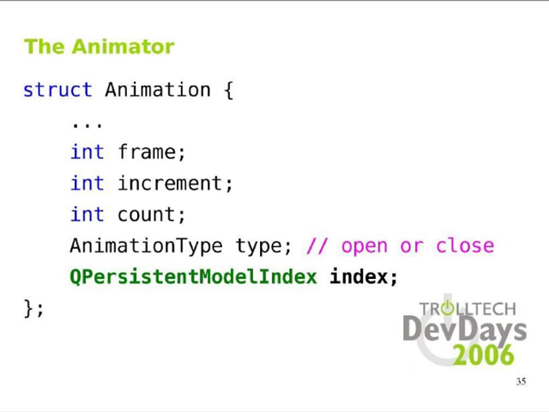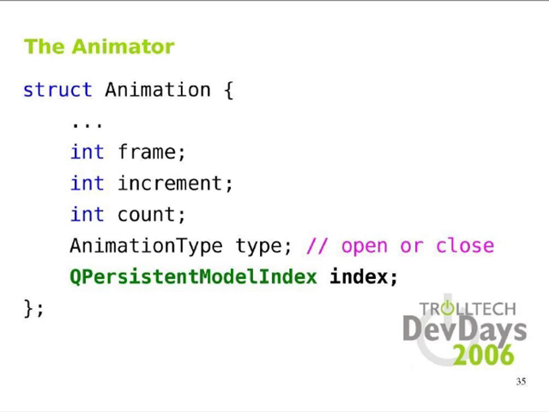But what happens when your data structure changes and you still have model indices out there in your program somewhere? They're going to go bad. They're going to be out of sync with your internal data structure, which is why we're saying that you should never store a model index. Use it as arguments for functions, get it from the model, use it for what you want to use it for, but never have it hanging around in a data structure, because it's going to go bad once the model changes.